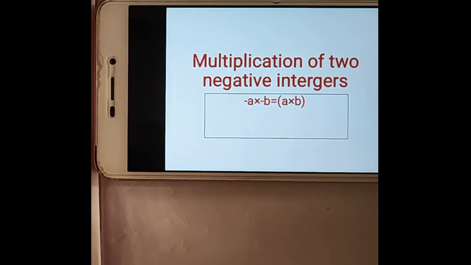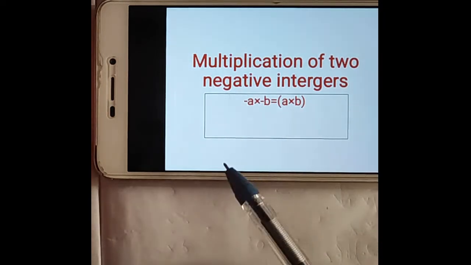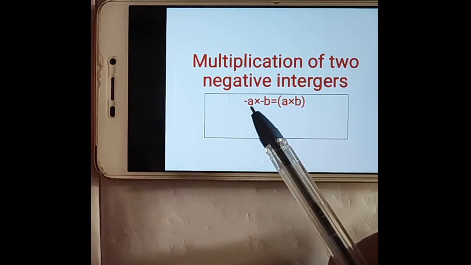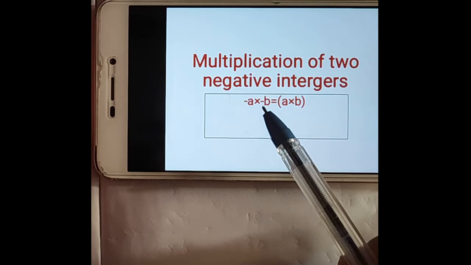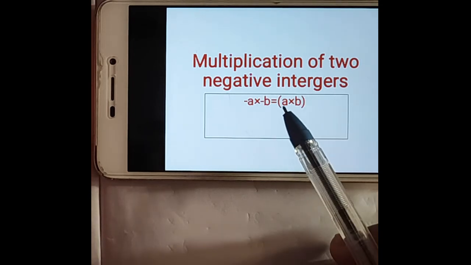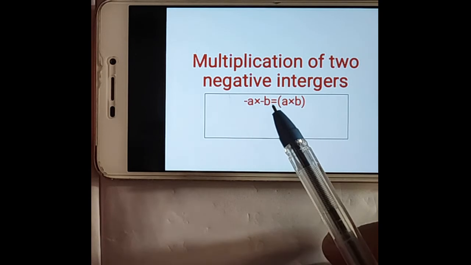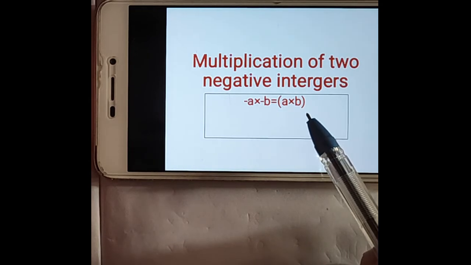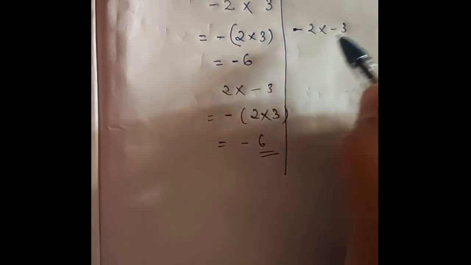Moving on to the multiplication of two negative integers. If both the numbers are negative integers and you are multiplying, the result will be plus a into b. Because minus into minus is plus, a into b, whatever is the result, you will write that. Just see the example here. Let us write minus 2 into minus 3.